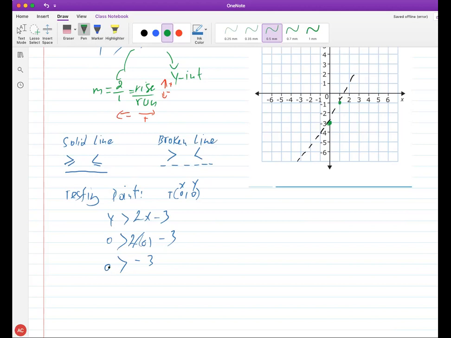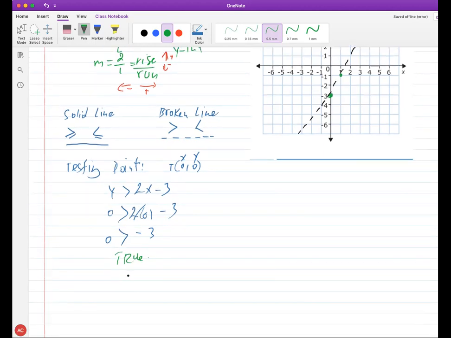True. It is true. That's right. True. So the test point belongs to the solution side.